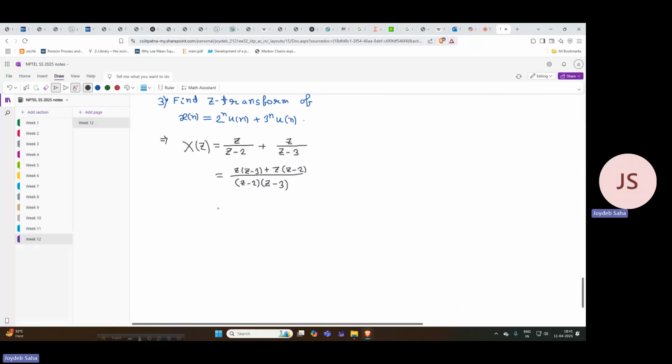We can generalize or simplify this as z into (2z minus 5) upon (z minus 2)(z minus 3), that is z times 2z minus 5.